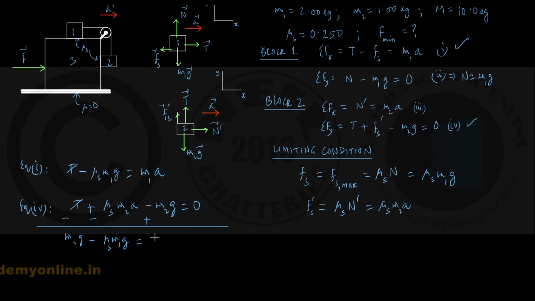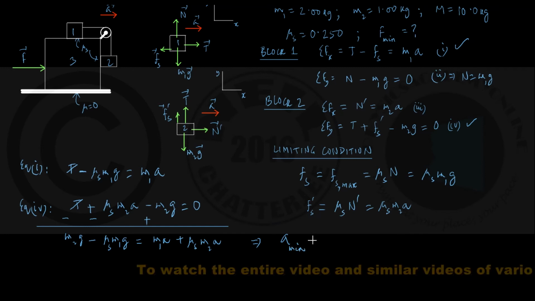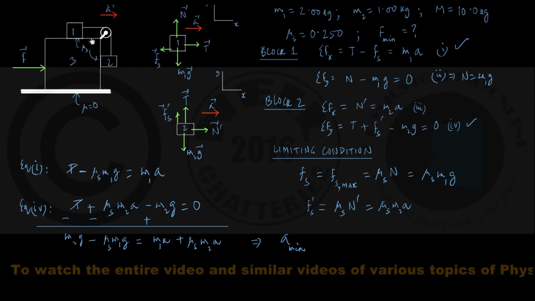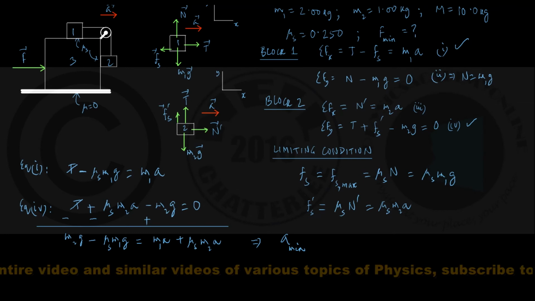On the right hand side we have got m1a, and if I take this term on the right, this is now becoming plus mu s into m2 into a. We are looking for a here, and therefore the value of a, that is the minimum acceleration required to be given to the system so that blocks 1 and 2 do not have motion with respect to the block number 3. So I'm calling it minimum value of a.